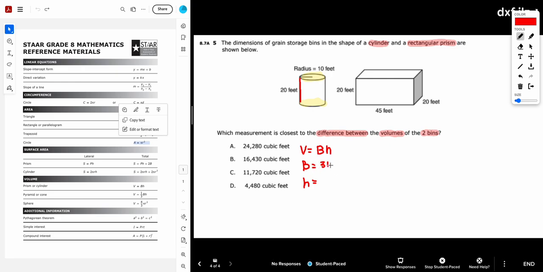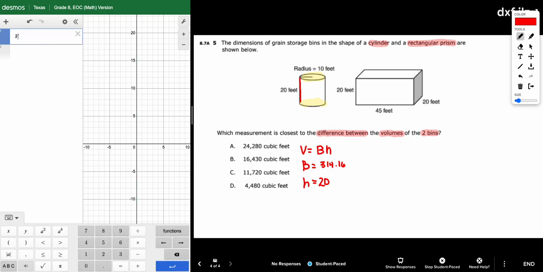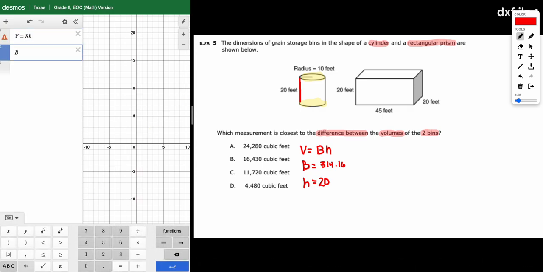314 and 16 hundredths. And the height again is 20. So I'm going to go ahead and type that into our Desmos calculator.